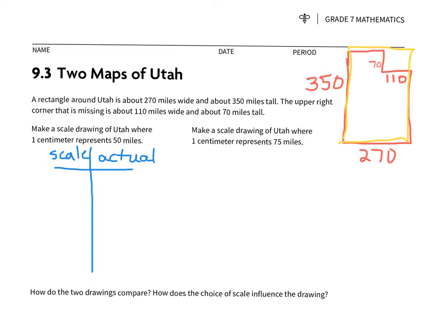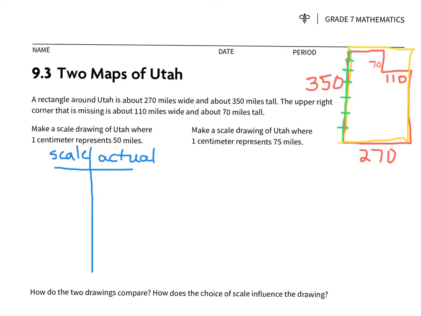So what we were doing the other day is figuring out, using the scale of 1 centimeter to 50 miles, how many centimeters we would need to draw this map of Utah. So if it's 350 miles going straight up, and every centimeter represents 50 miles, let's see, 50 miles, 100 miles, 150 miles, 200 miles, 250, 300, and there's our 350 miles.